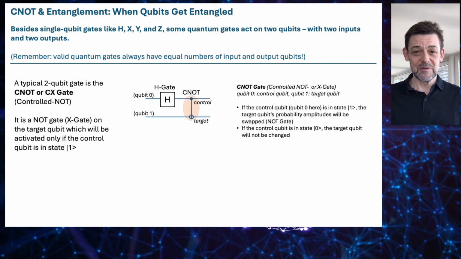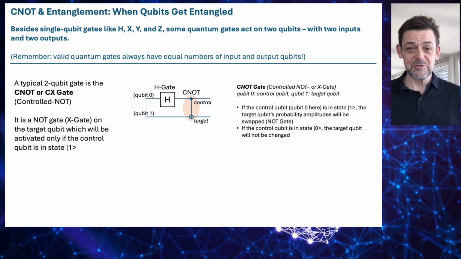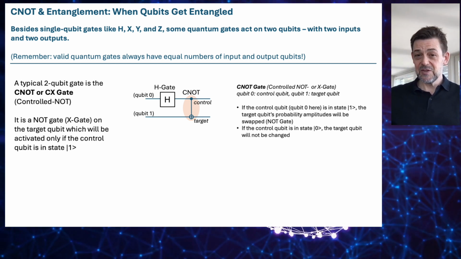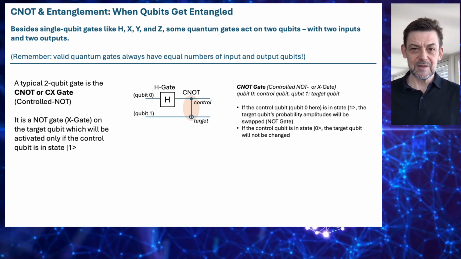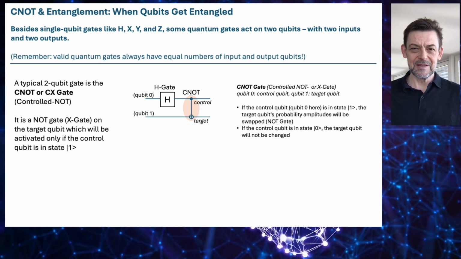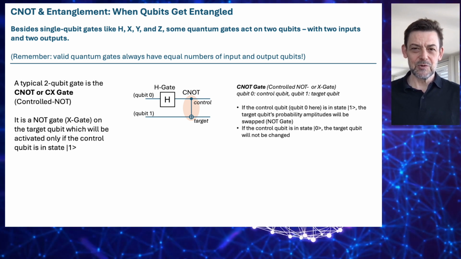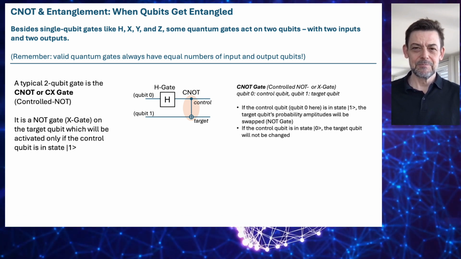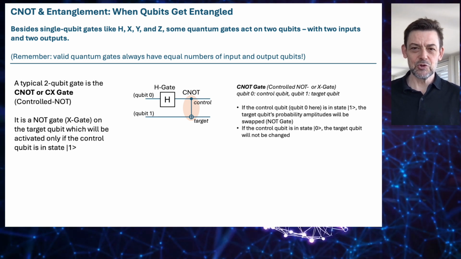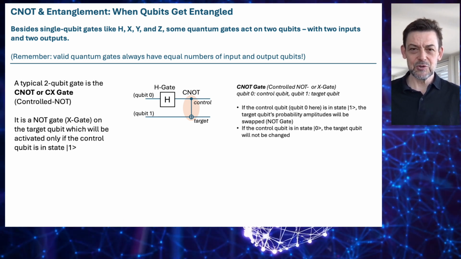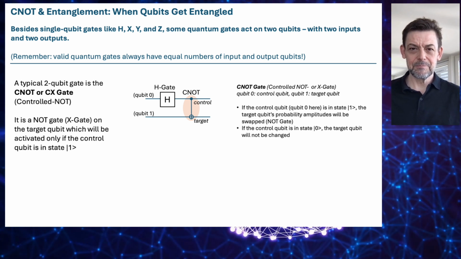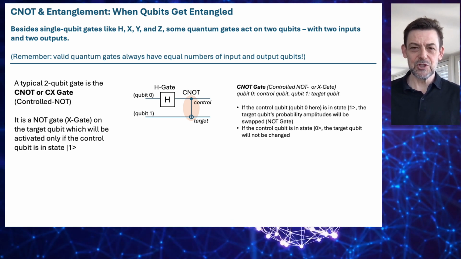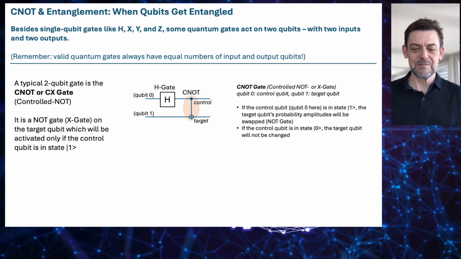What does it do? One qubit connected to the CNOT is the control qubit, and the other one is the target qubit. If the control qubit is 1, then the X gate will be applied on the target qubit. If the control qubit is 0, then the target qubit stays unchanged. There are two notations in quantum circuits for the CNOT.